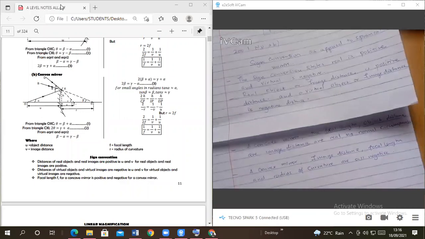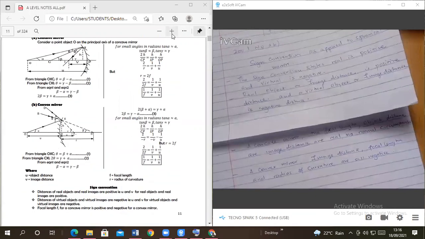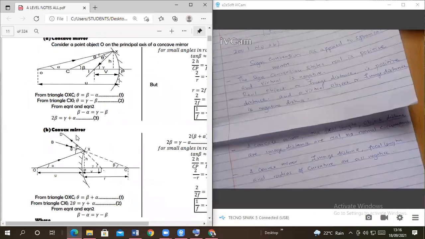Why? Because when you look at this diagram we've just drawn, if I zoom in here, you can see that the R is inside the mirror, the V is inside the mirror, and of course, if R is inside the mirror, it means that F is somewhere here, also inside the mirror.